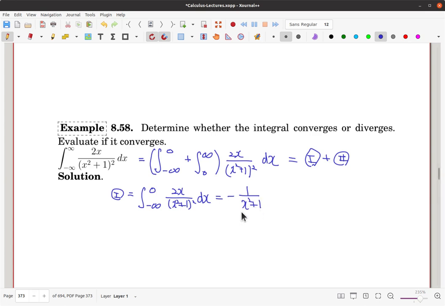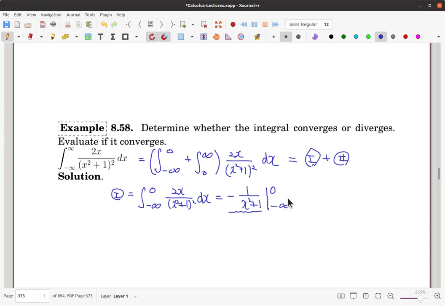If you take the derivative, the power is minus 1, so minus 1 times minus 2 cancels the sign, and the derivative of the inside is 2x, so that is the antiderivative. We evaluate at 0 and minus infinity.